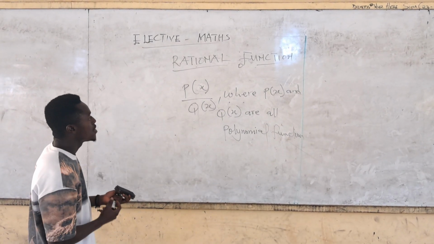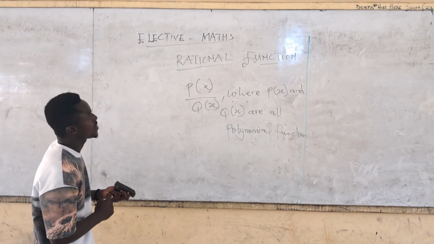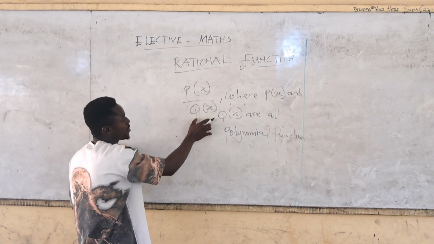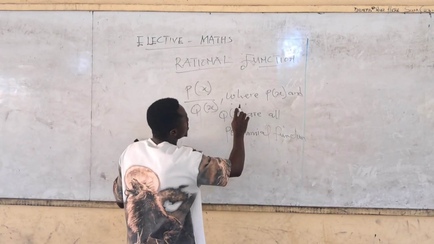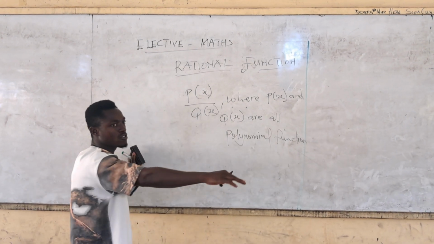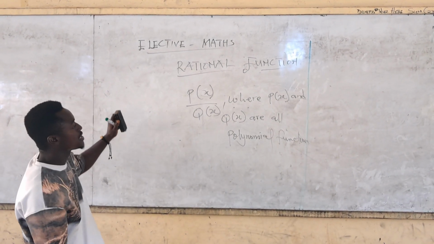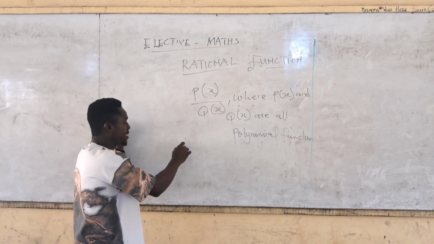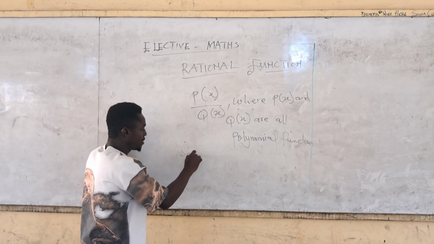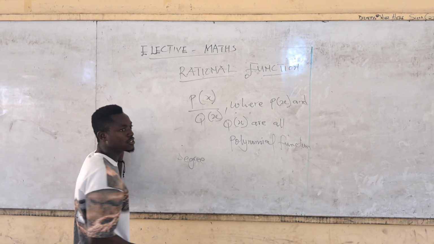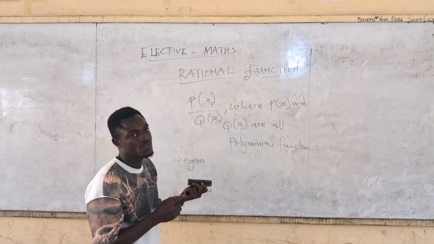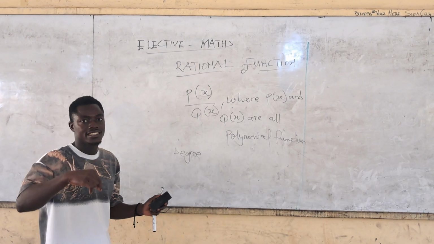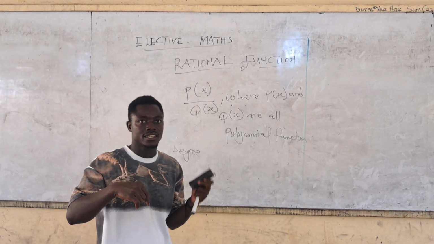Now, in a rational function in the form of P of x over Q of x, where both P and Q are polynomial functions, we are going to take the degree. When we talk about the degree, in other terms we say powers.